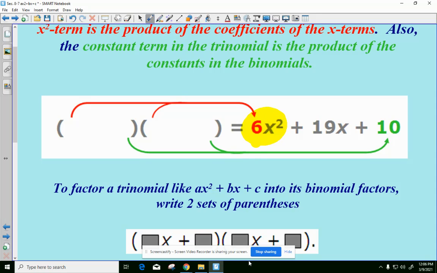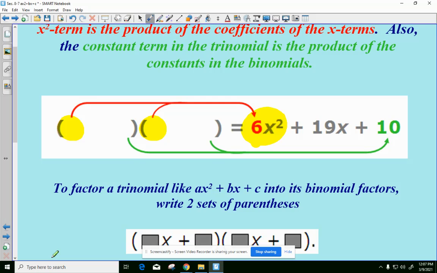If you thought about having two factors and foiling them back together, where does that first term come from? Say that again. Yeah, where would they be located though? In the front, right? They would be like right here and right here. Those two numbers together produce whatever goes in this first spot.